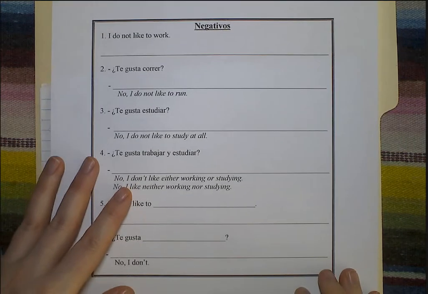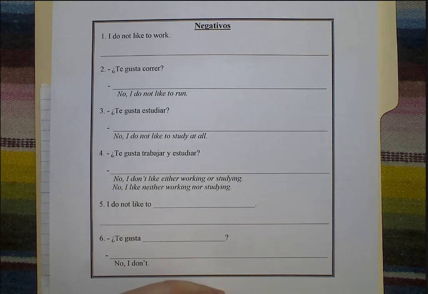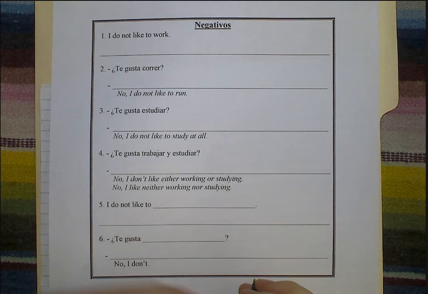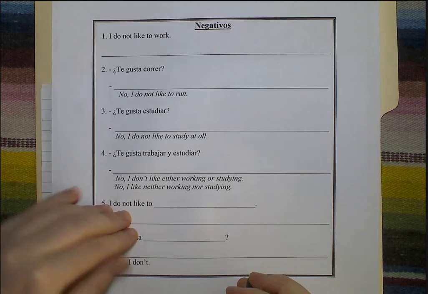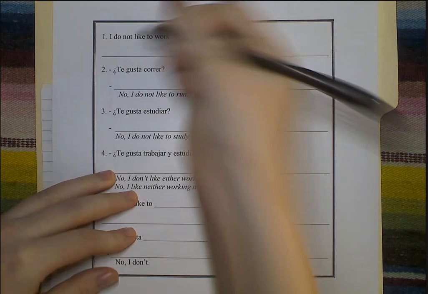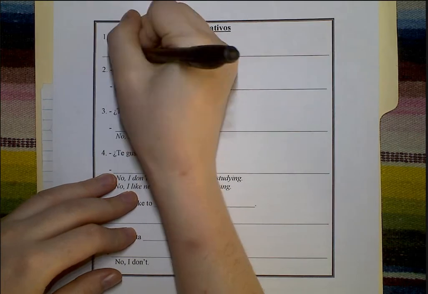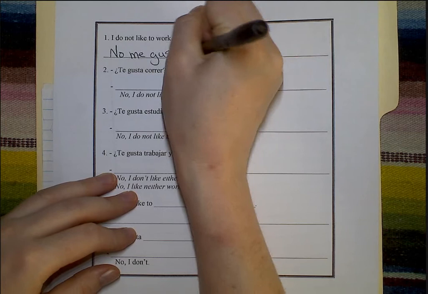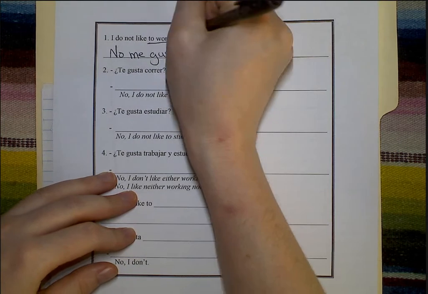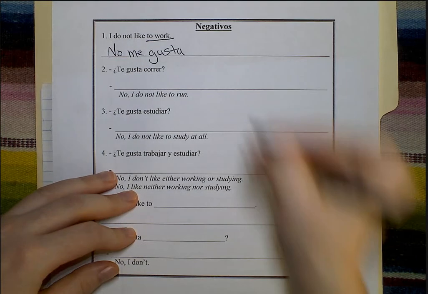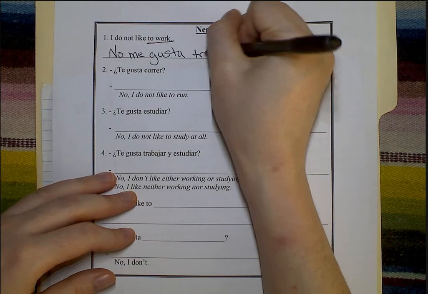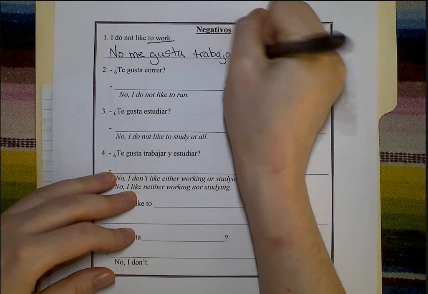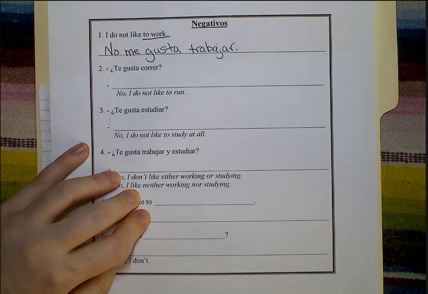Alright, so we are going to translate these sentences. The first one is, I don't like to work. Okay, so I don't like is no me gusta, and to work is an infinitive, so we're going to say trabajar. Okay, important thing to know about me gusta.